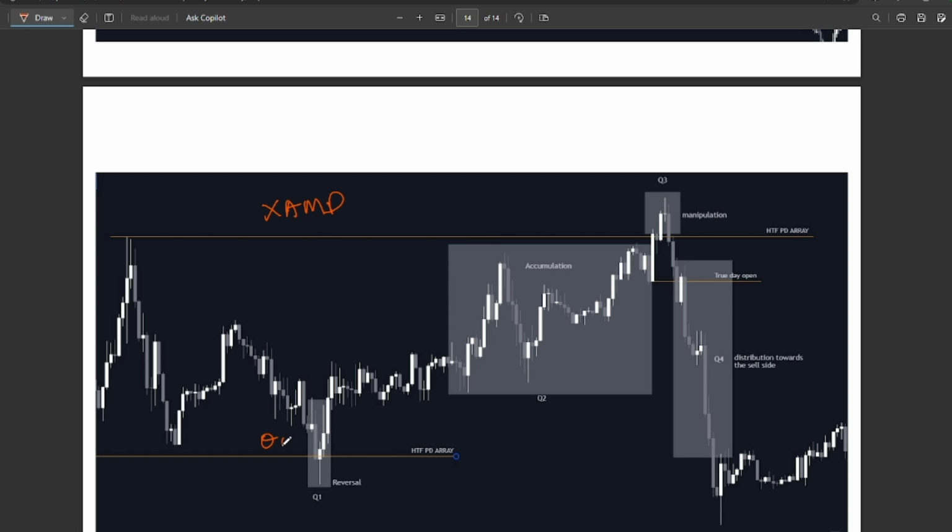Here on the Q1 chart we can see a reversal. Q2 accumulates, and on the Q3 chart we see a Judas swing or manipulation. You can take a trade here since we had news in the Q3 quarter. So this would be my high probability entry. I would take a trade on the spike and place a stop loss above the highs, targeting these lows.